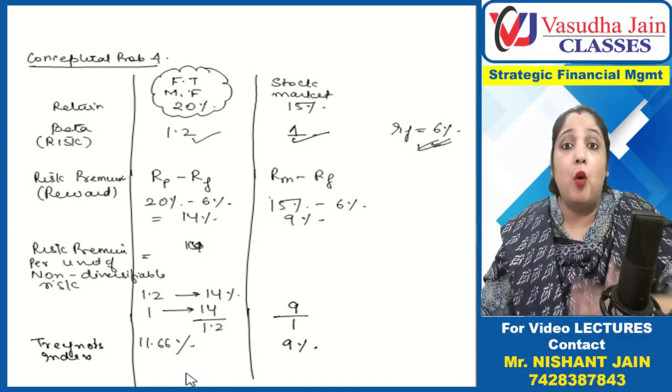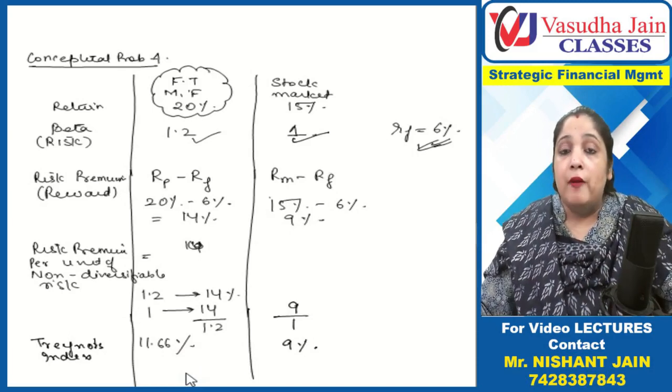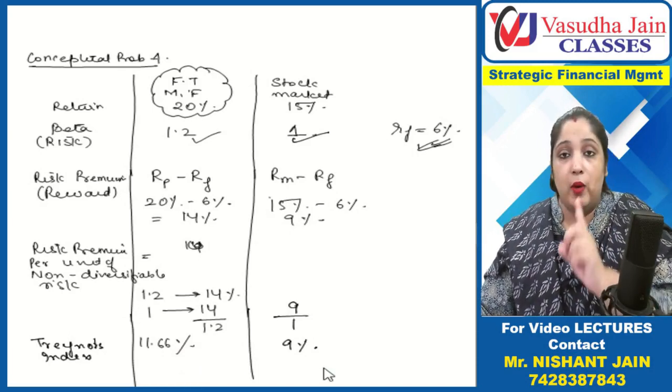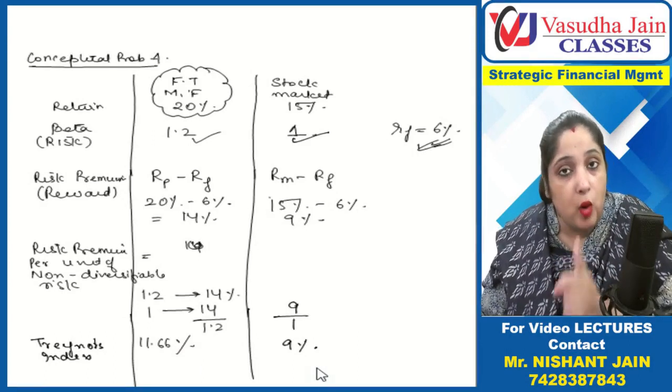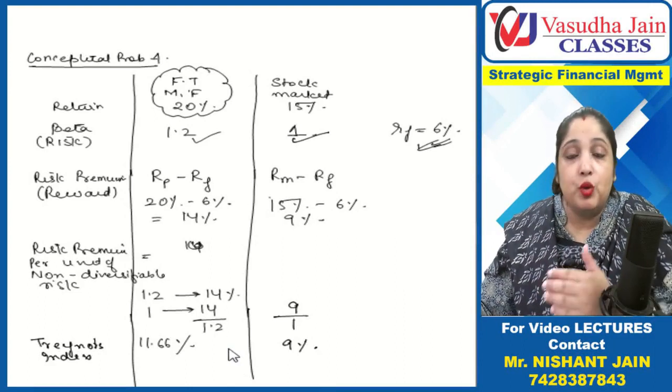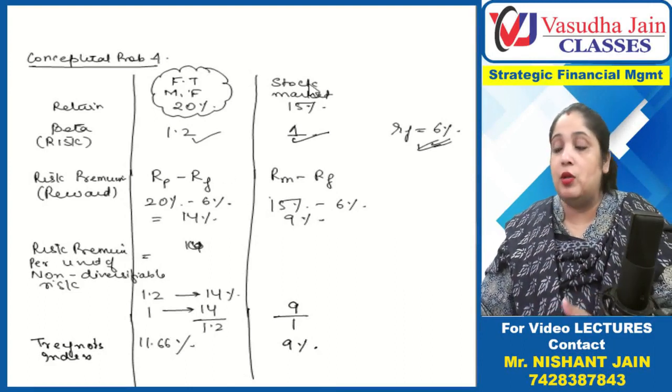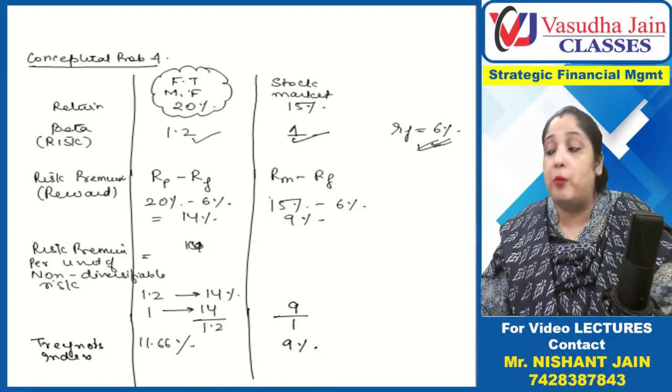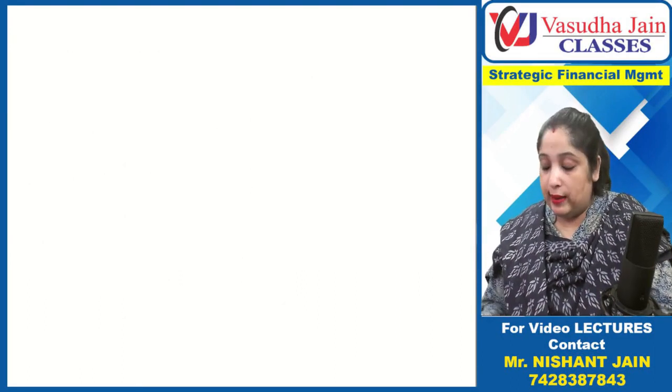Obviously here we are getting more reward for bearing 1 beta, while for bearing 1 unit of non-diversifiable risk in the stock market we are getting 9%. So obviously our mutual fund has outperformed the stock market. Our mutual fund has performed better. So in simple words, you can write like this also.